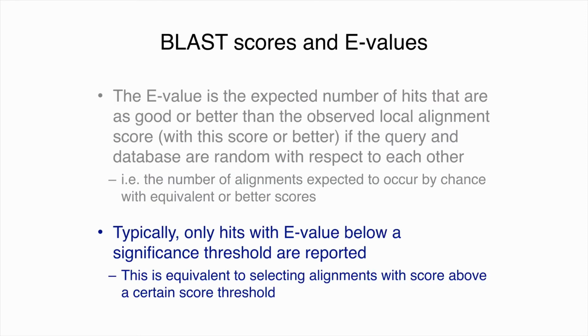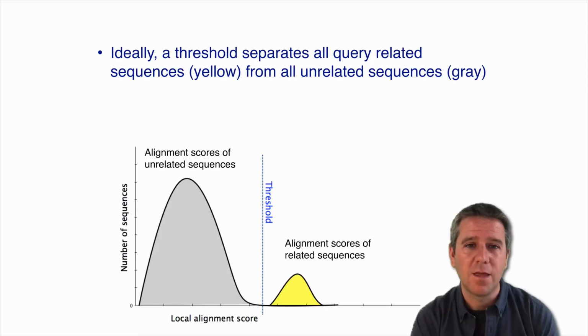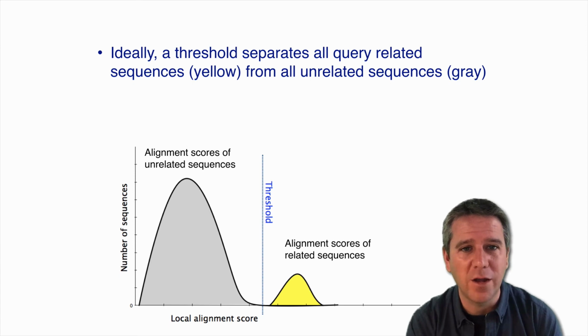Now, typically, only hits with e-values below a significance threshold that can be set by the user are reported. So this is equivalent to selecting alignments with a score above a certain score threshold, as we'll talk about in a moment. So let's think about this in a little more graphical way here.